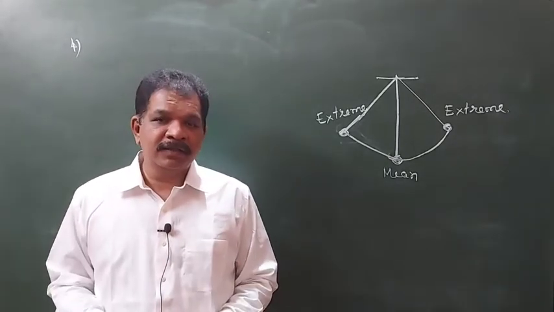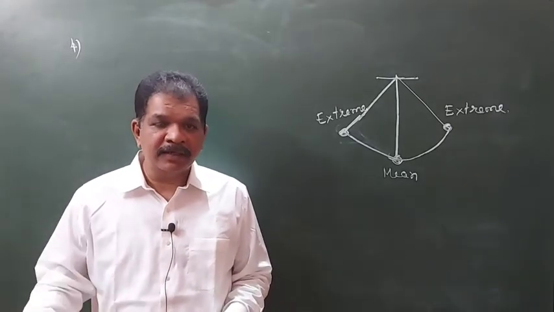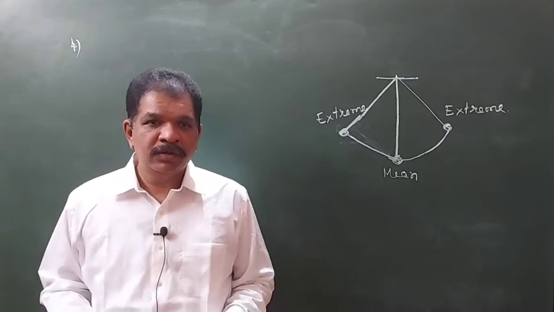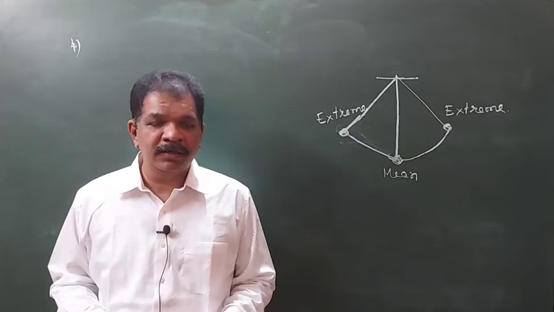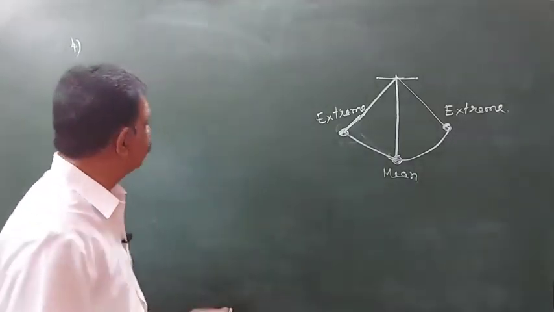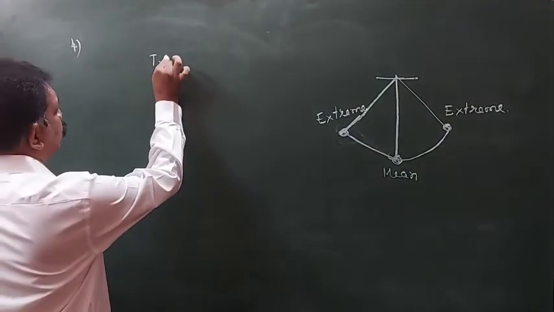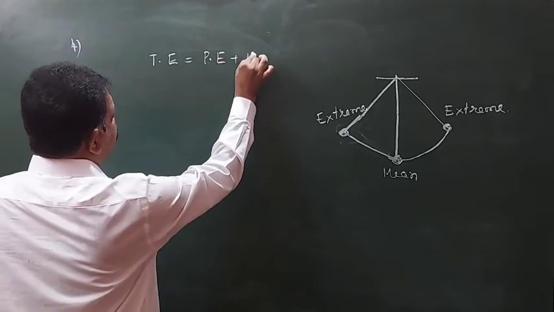What they are asking is, a particle is there, its energy is 1 joule, show that at x is equal to 2 meter, it is turning back. Like that they are asking. We know total energy is equal to PE plus KE.